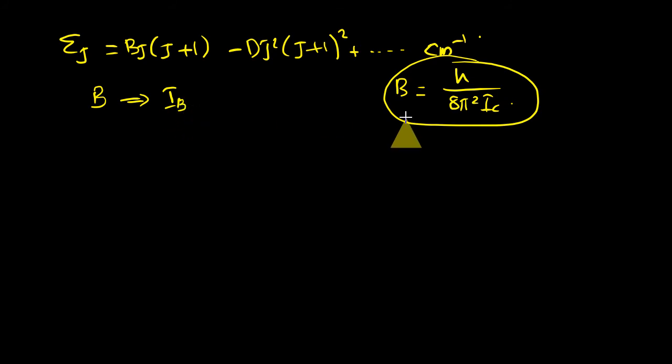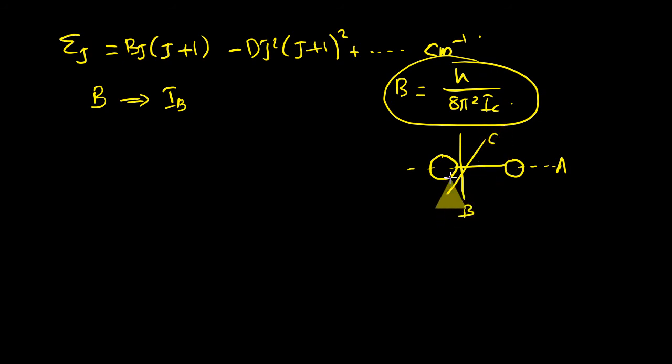But in the case of a linear molecule, that was not a problem there. In the case of linear molecule, we just took I. Actually there what we are taking as I is nothing but IB itself. So if you are considering this as a linear molecule, here also you can consider this as the A axis, this one as the B axis, and this one as the C axis.